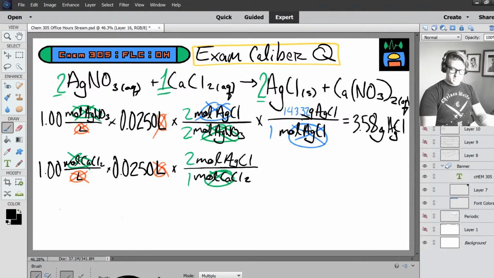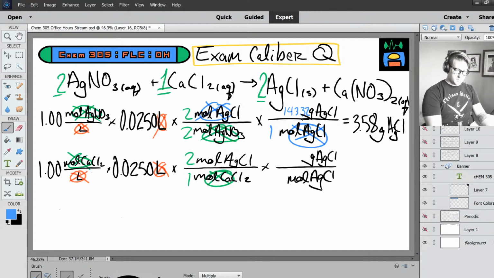Moles of calcium chloride cancel. And then finally, our last conversion, we'll take moles of silver chloride to grams. Moles of silver chloride cancel.